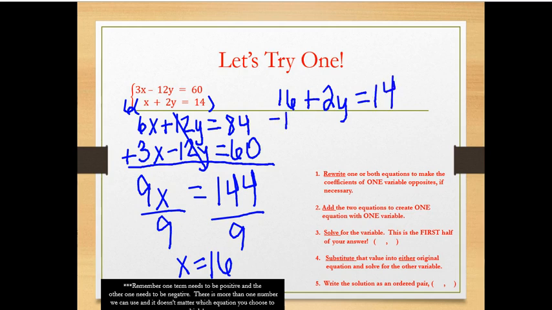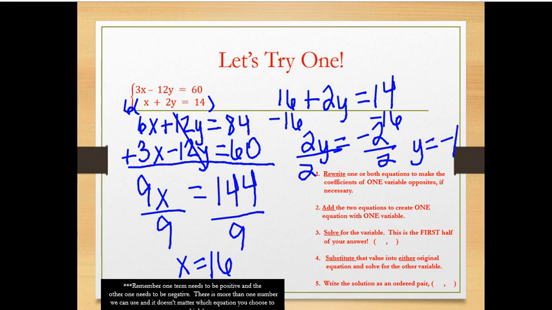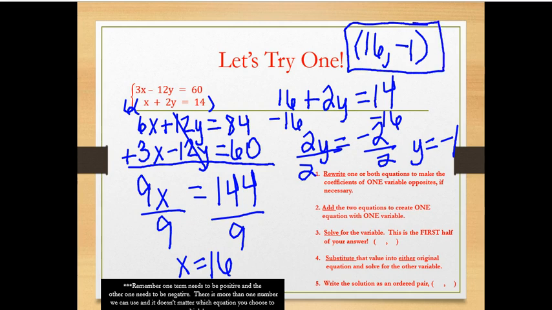I need to subtract 16 because I need to solve for y. So I'll have 2y equals negative 2. I'll divide both sides by 2, and y equals negative 1. So my x is 16 and my y is negative 1. And there is your answer as an ordered pair.